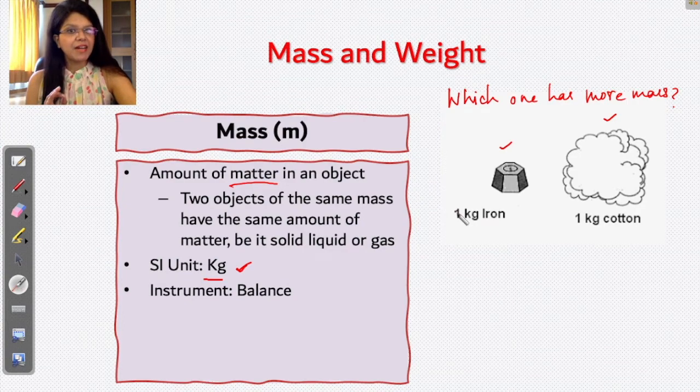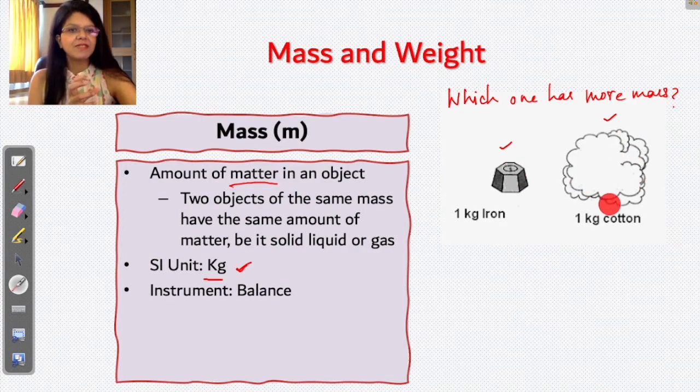Why are you saying they have the same mass? Because you see 1 kg iron, 1 kg cotton. Iron is dense and cotton is fluffy. So the same amount of matter or content is there in 1 kg of iron, though it is occupying a small space, right?